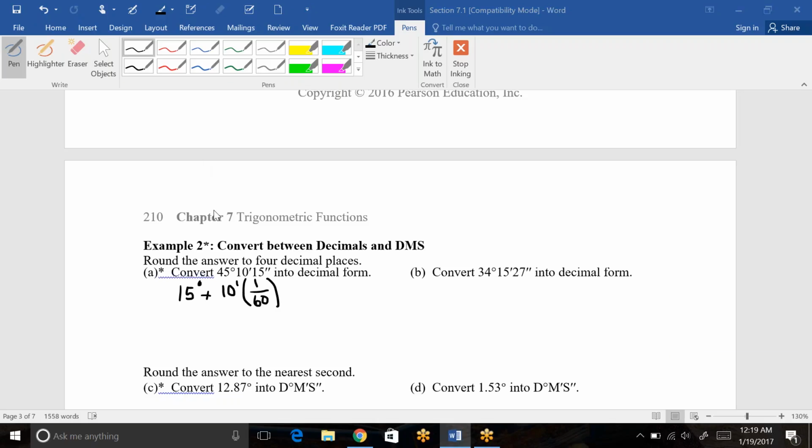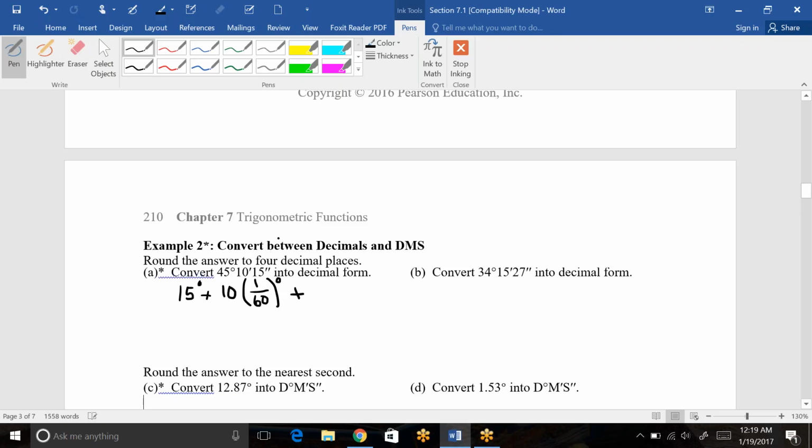And actually, we can drop this symbol right here. We don't need that any longer because we're doing the conversion. I'm going to just erase it out. When we do this conversion factor, we are changing this from the minutes to the degrees.